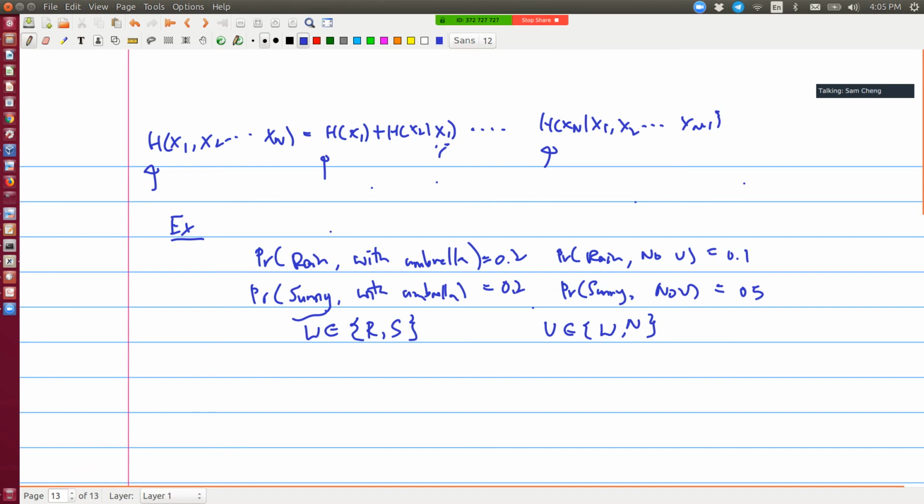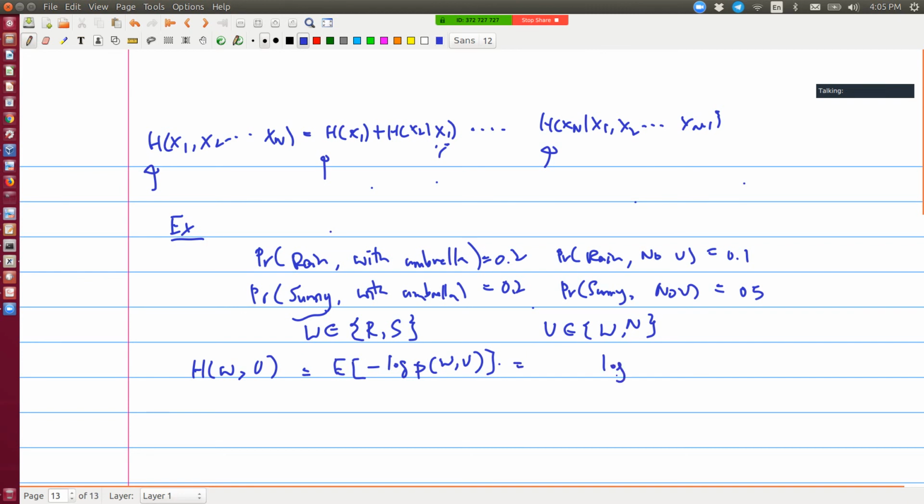So then let's just try some example: what's H(W,U)? In that case, it will be just the expectation of minus log P(W,U), something like that.